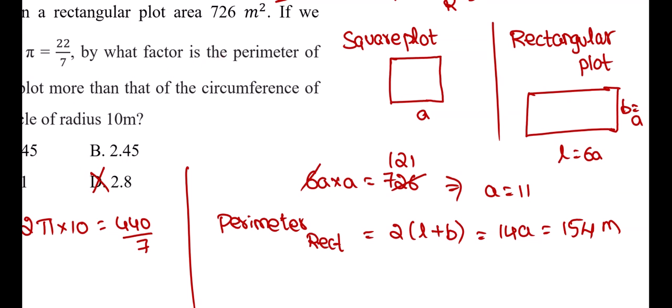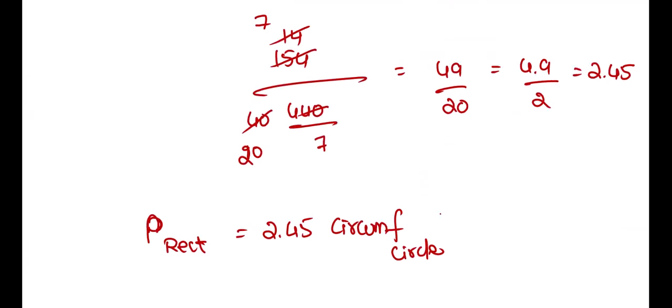If they ask by what factor perimeter of plot is with respect to circumference of circle, means okay, more than. Extra is how much they are asking. How much extra? Means 1 is same, extra is 1.45. You just check, is it 1.45 or 2.45?